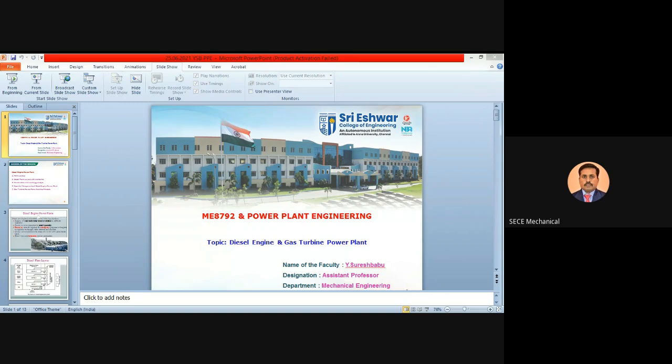That is the agenda of the session. In the diesel power plant and gas turbine power plant, first we are going to discuss the diesel power plant. What is the purpose of a diesel power plant? What is the plant layout of a diesel power plant? How is the plant located? What auxiliary systems are involved in the diesel power plant, the construction and working principle of the diesel engine power plant, and what are the essential components of a diesel engine power plant?